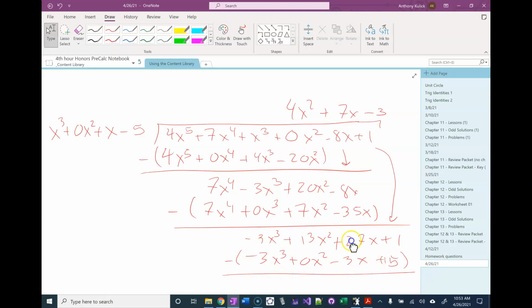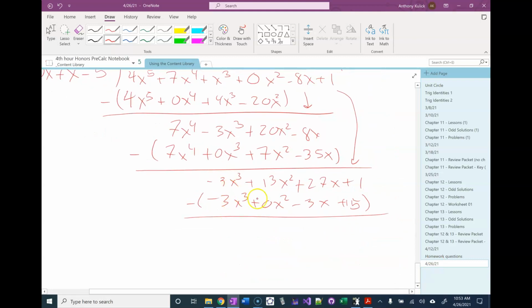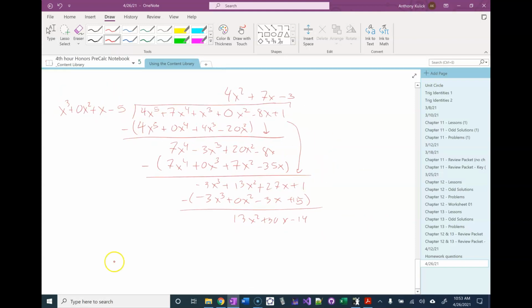Subtract down. 13 minus 0 is 13x squared. 27 minus a negative 3 is 30x. And 1 minus a negative 15 is negative 14. So that's my remainder. My answer is the quotient plus my remainder over my divisor.